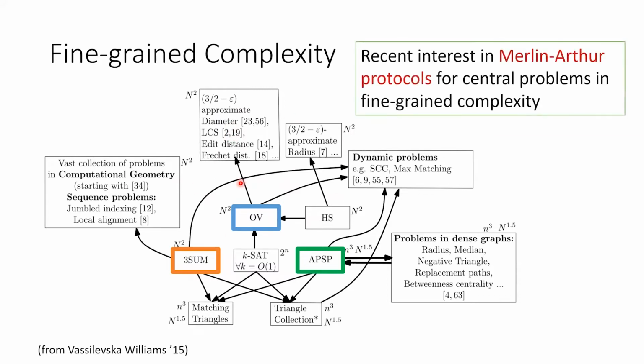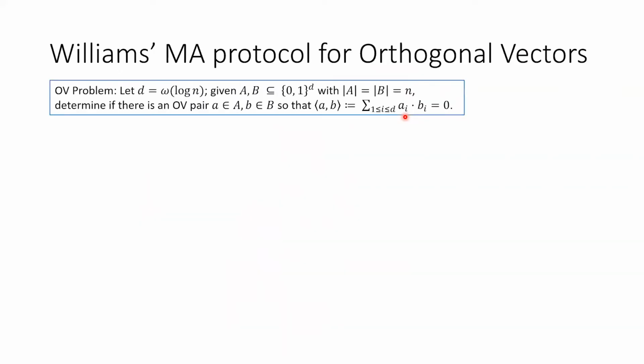Recently, there is some interest in studying Merlin-Arthur protocols for central problems in fine-grained complexity. For example, let's look at the previous work of Williams, which gave a Merlin-Arthur protocol for the orthogonal vectors problem, which is a central problem in fine-grained complexity.